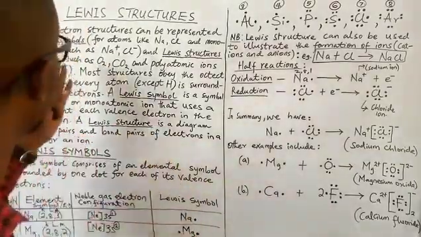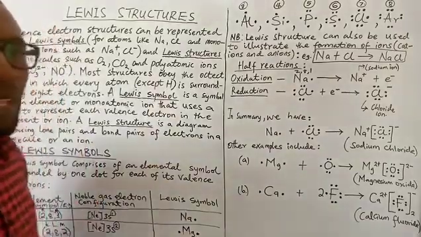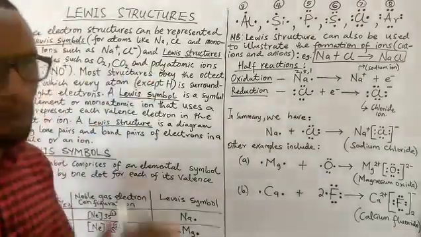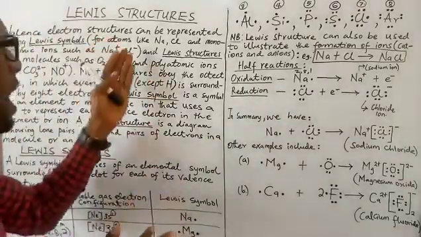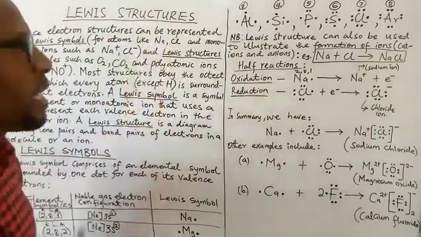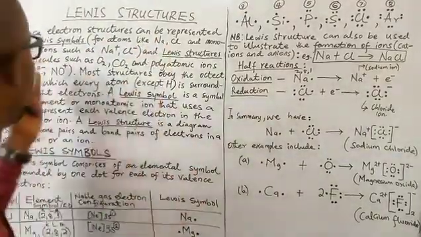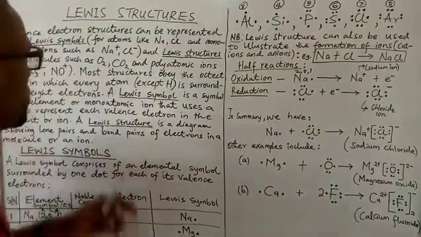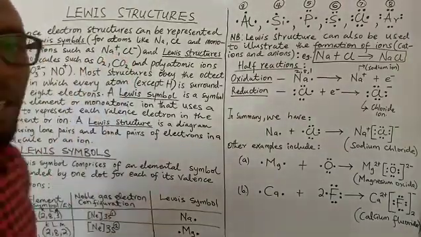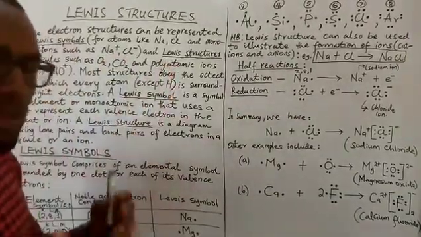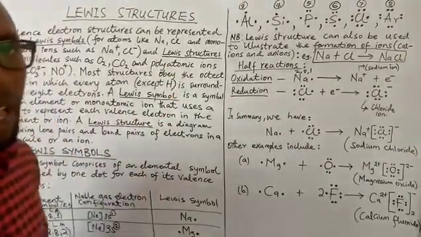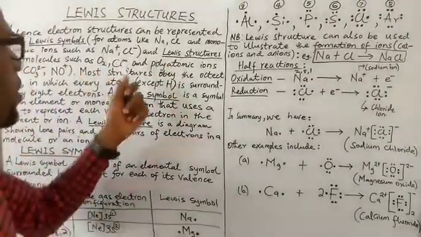And these valence electron structures can be represented using Lewis symbols, especially when we are talking about atoms, like the sodium atom, the chlorine atom, and even monoatomic ions, such as sodium ion, chloride ion. Monoatomic ions here means those ions that comprise only one element.